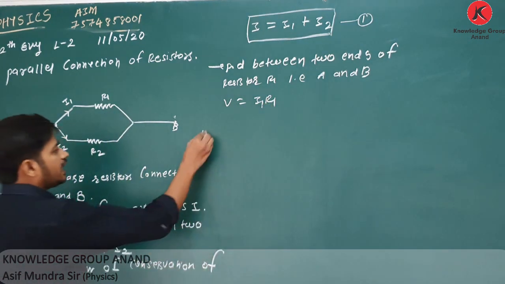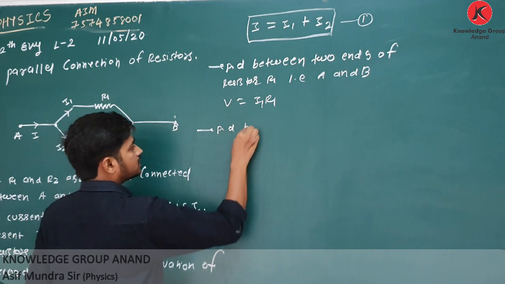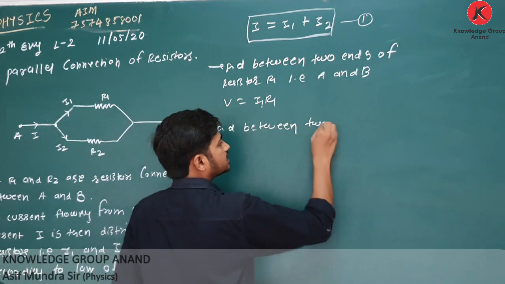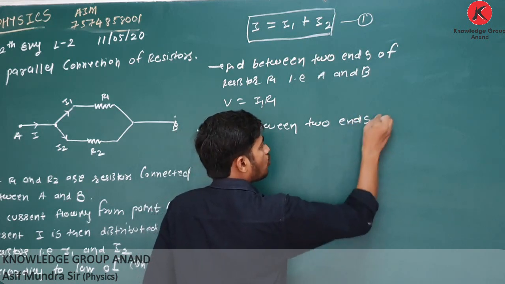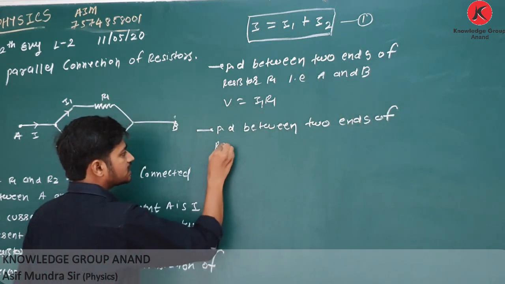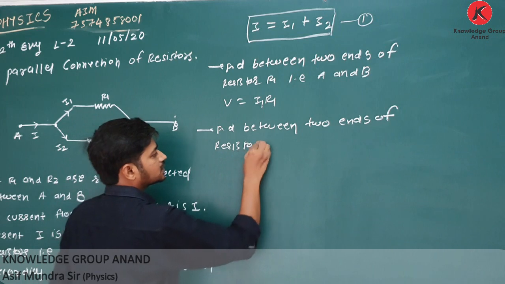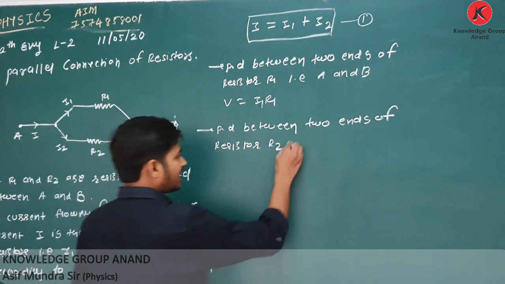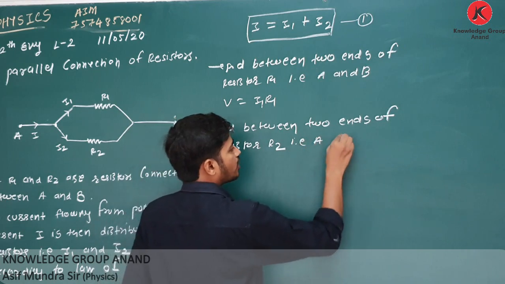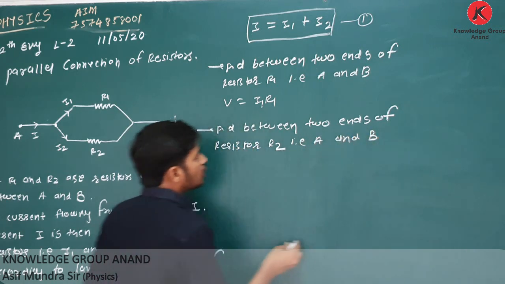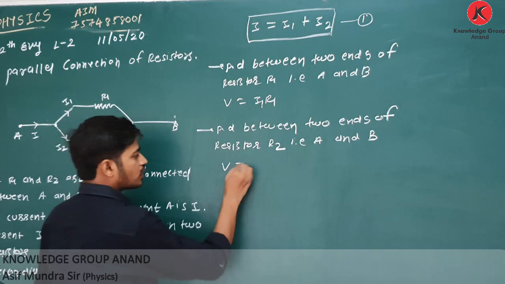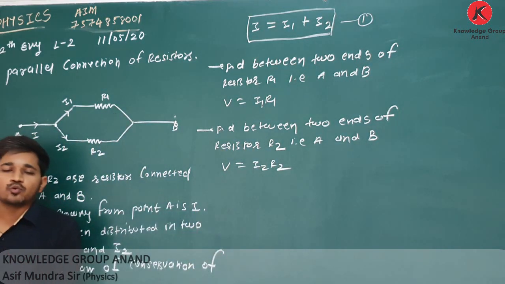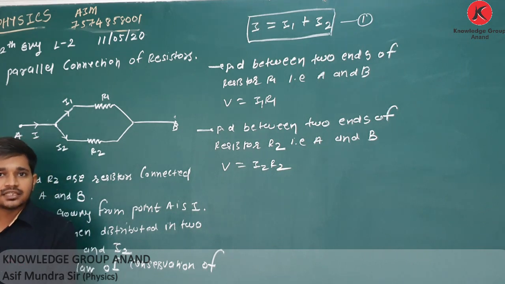Similarly, potential difference between two ends of resistor R2. Resistor R2 is again connected between points A and B. So I will write V is equal to I2 R2. Clear?